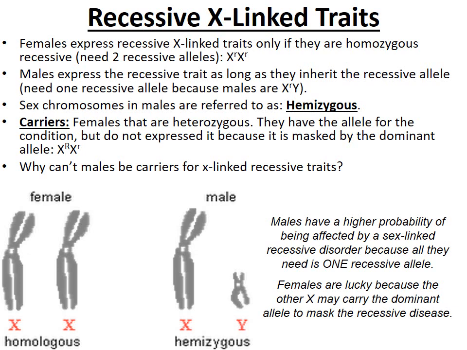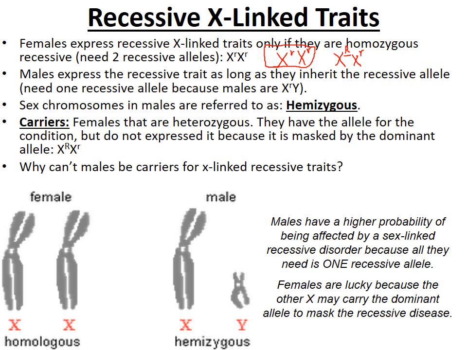So, for example, if there's a recessive X-linked trait and a female is X^r X^r, that female will have the recessive trait. Now, if the female is X^R X^r, the female will just have the dominant trait instead of the recessive one, since the dominant takes over.